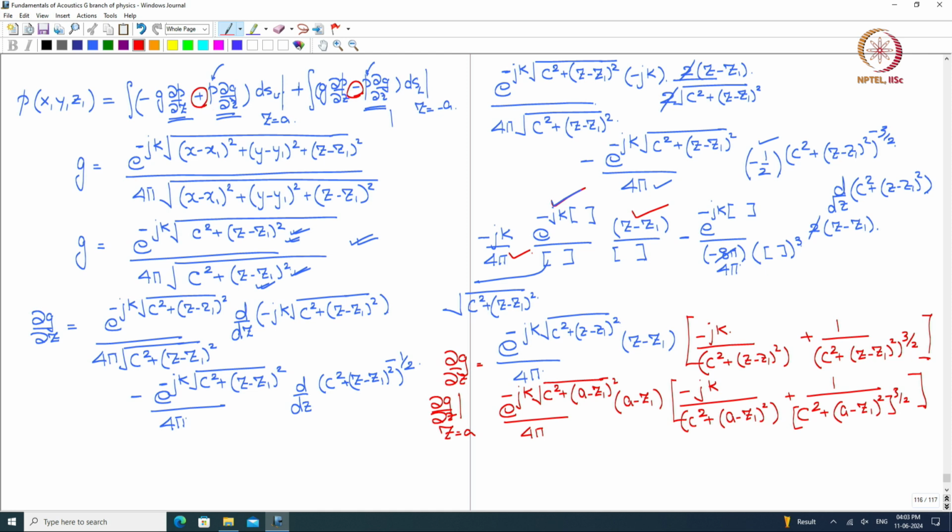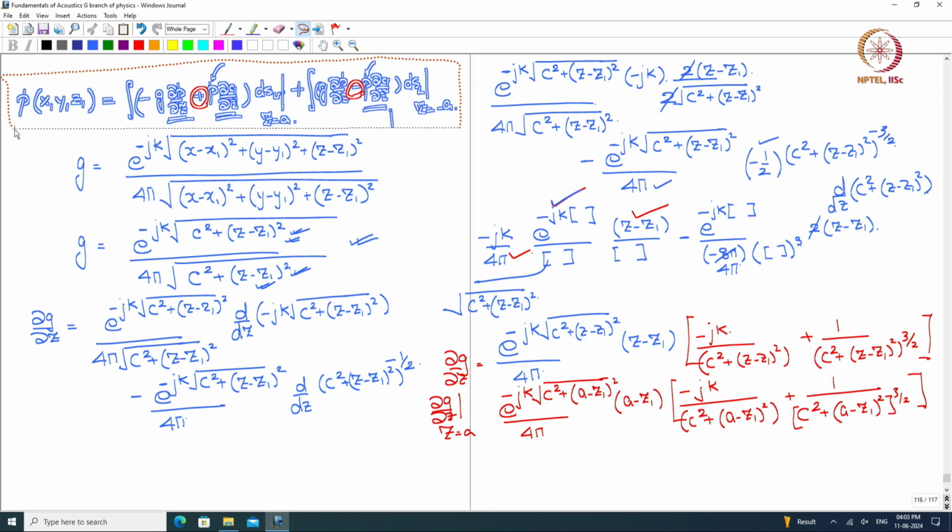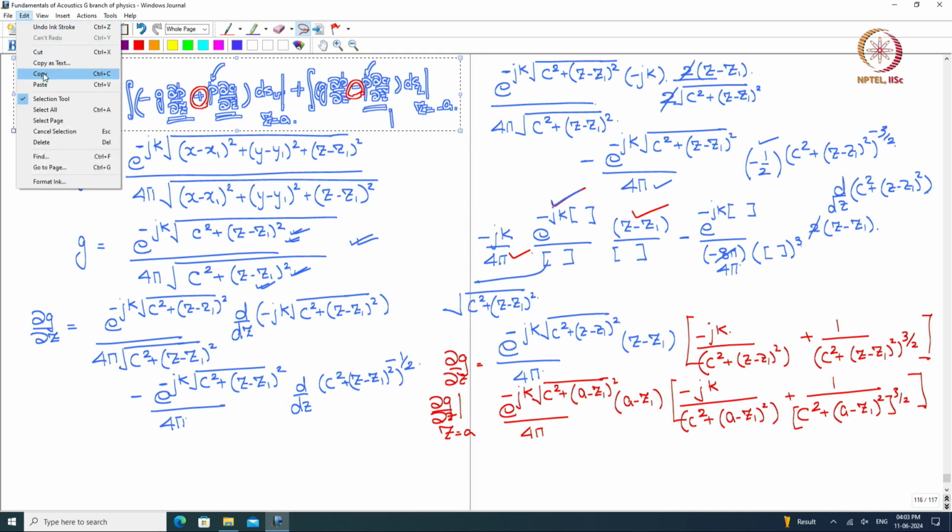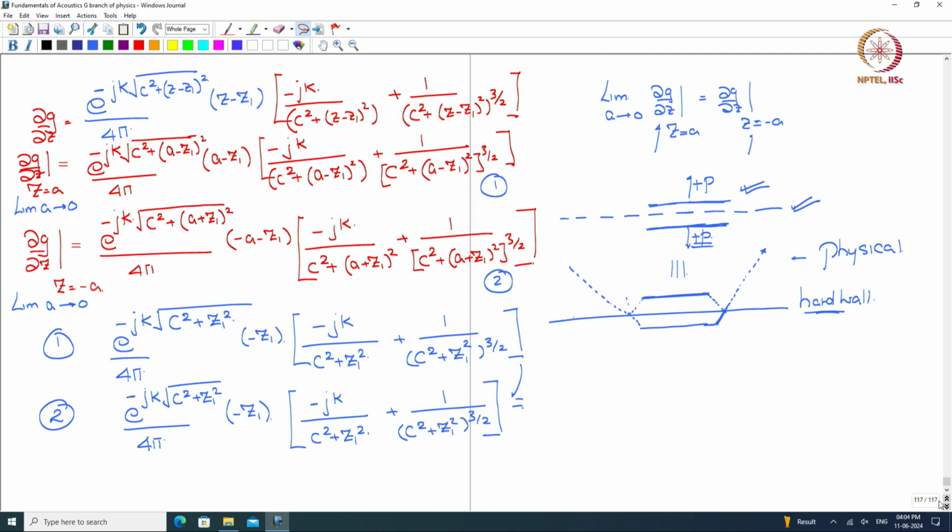Okay. So if I take this Rayleigh integral, copy this Rayleigh integral here.